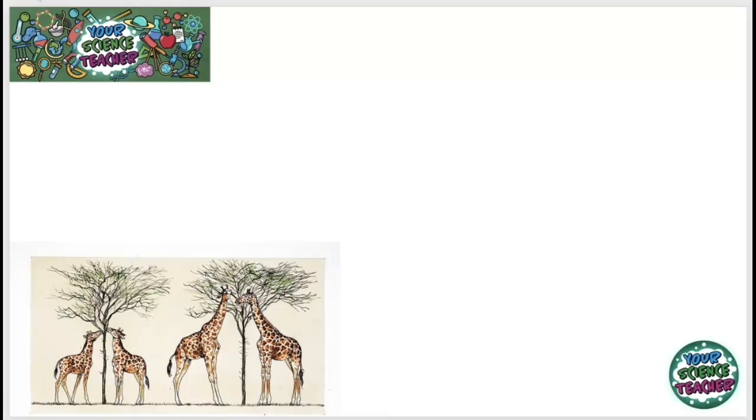Before people knew about genes, they came up with wide varieties of ideas about what could cause evolution within species, and Lamarck, who was a French zoologist, came up with his own theory of evolution, and he used giraffes to explain it.